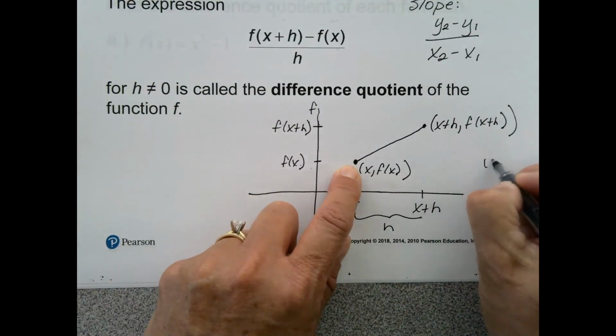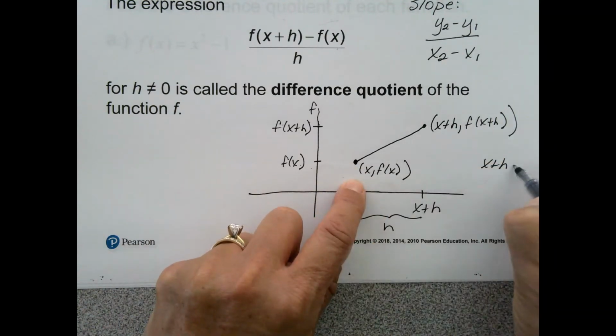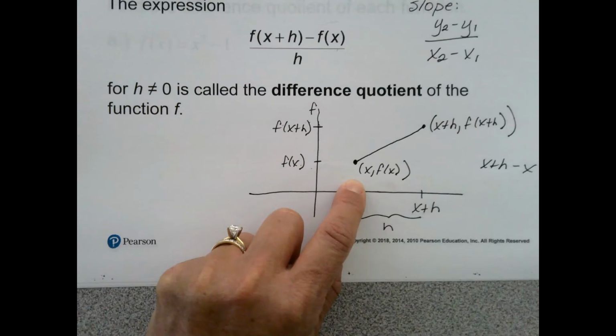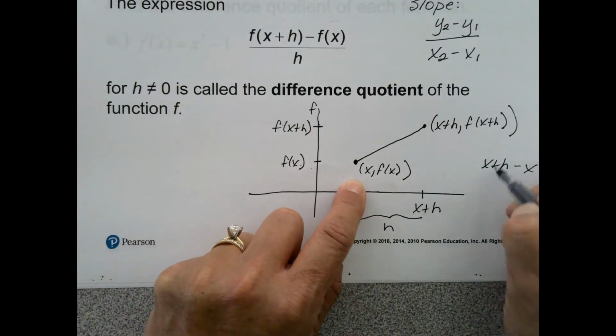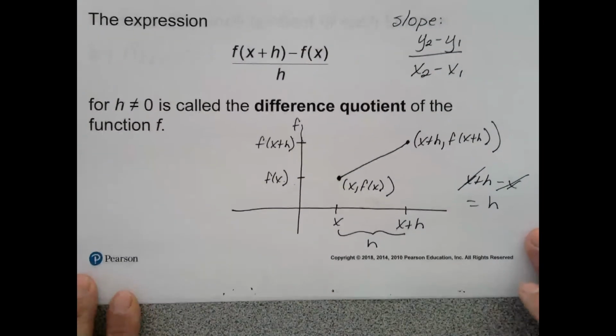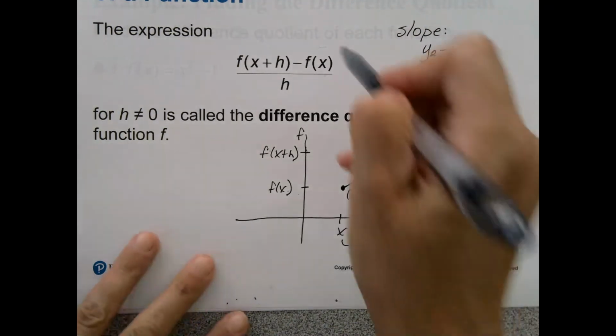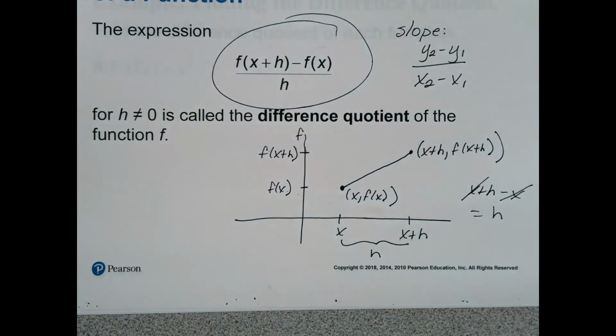Well, your change in x is the larger x, which is x plus h, minus your smaller x, which is just x. Those two x's cancel, and you're just left with h. Don't worry about it if what I just said kind of went over your head. It really is just your slope, and that's where this expression comes from.